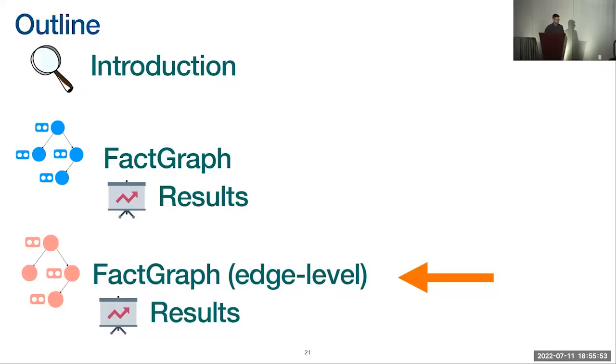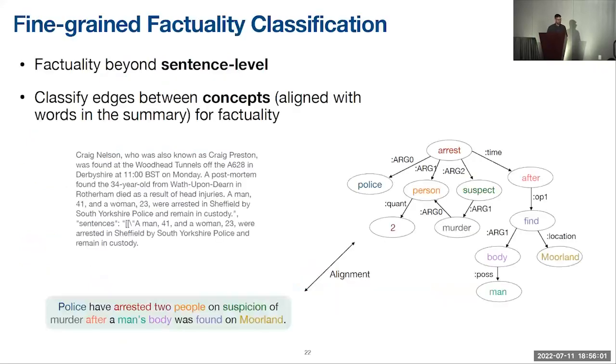Here I'd like to talk briefly about a variation of our model called FactGraph edge level. The idea in this part is assessing factuality beyond the sentence level. For that, first we align the concepts in the abstract meaning representation with the sentence.